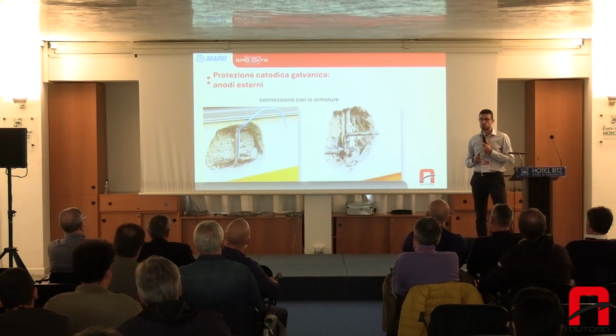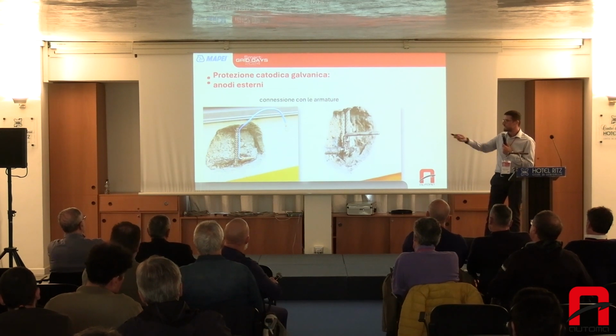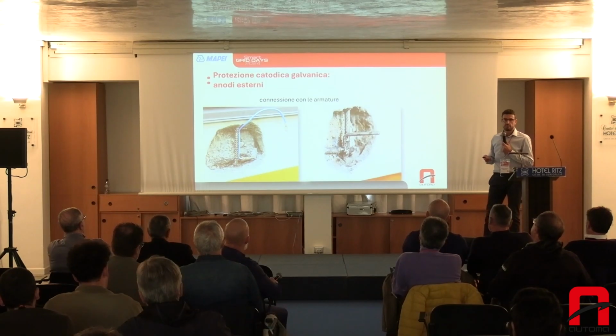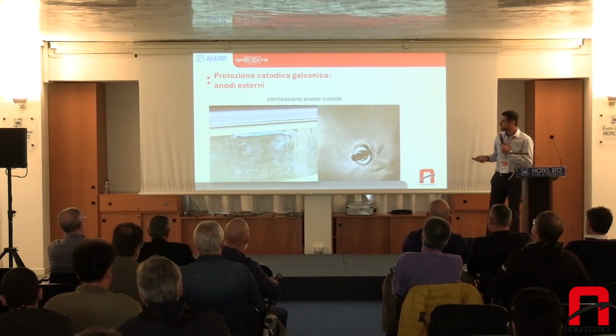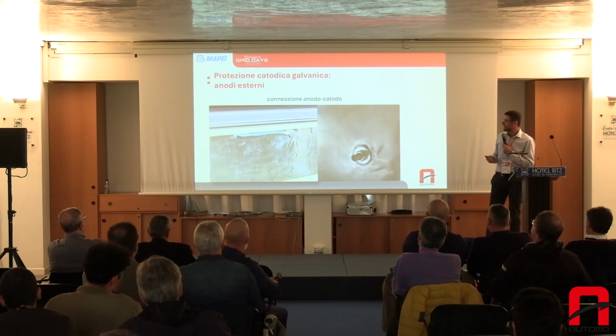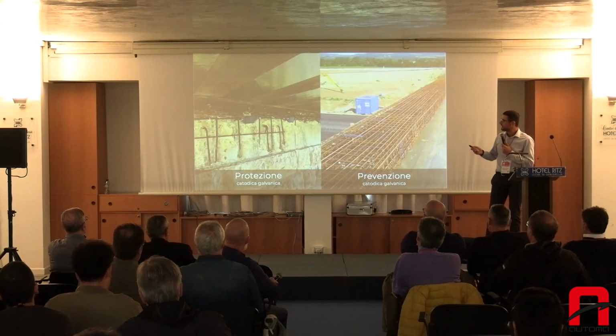And then, once the concrete element has been repaired, you make the connection with the metal sheet. Another alternative is to use a threaded bar welded to the reinforcement bars. These are both very good systems. Here you see the external appearance of the connections between anode and cathode.